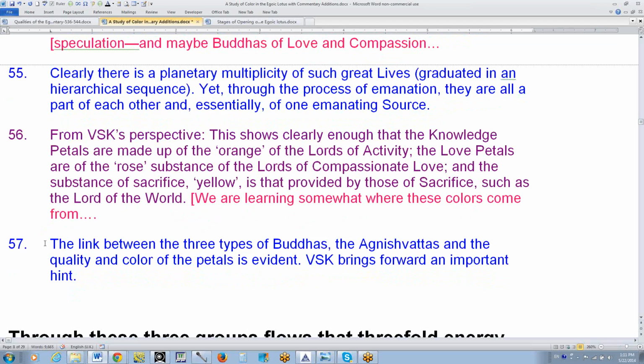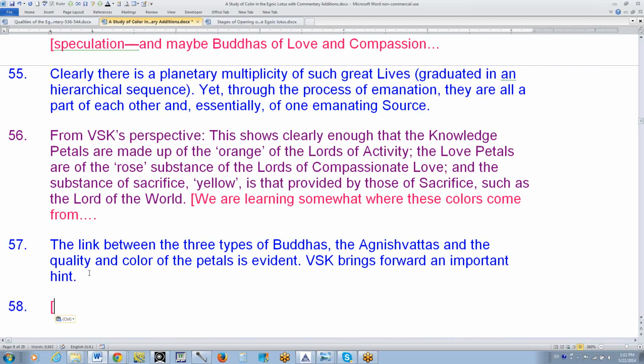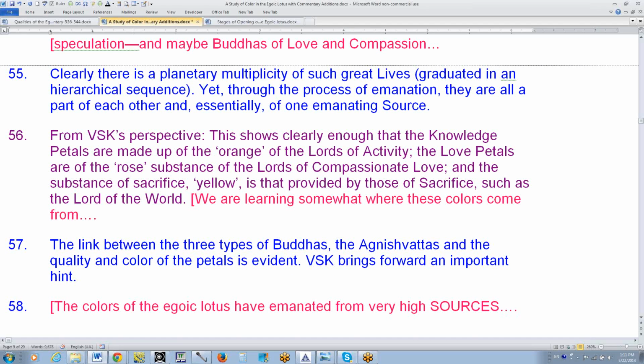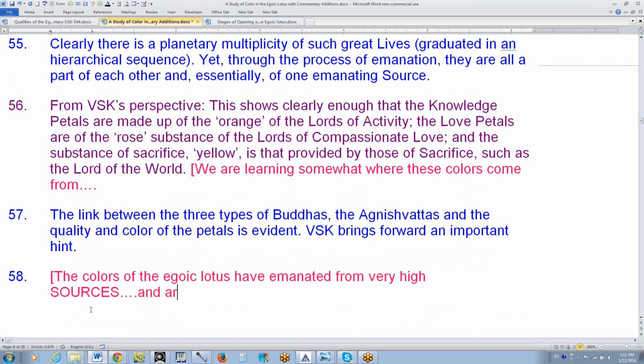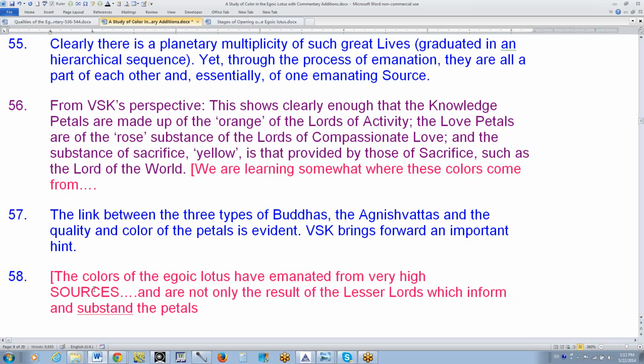So what is the idea behind all this? The colors of the Egoic Lotus have emanated from very high sources and are not only the result of the lesser lords, which in form and substance make up the petals.